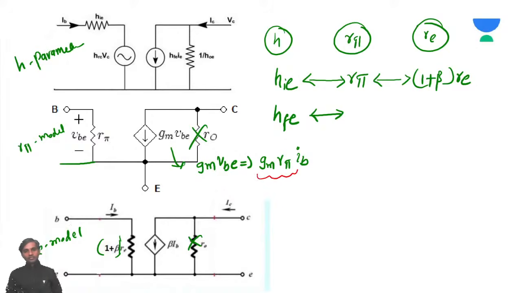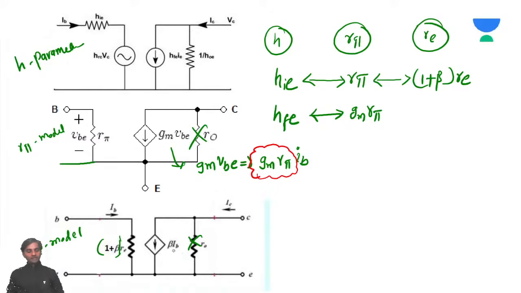So now this is also the same: GM into RPi. So the HFE we are talking about is the same as GM into RPi for the RPi model. Now what is this, sir?